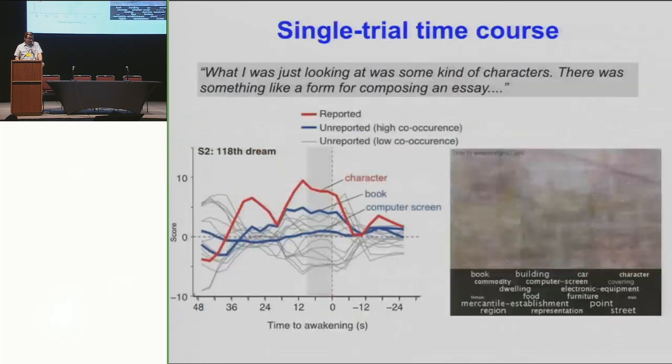We can also look at the time course of the score, and we have the scores for 20 categories. And this is the time when the subject was awakened. The previous slide was from this time window, and we can shift this. For this particular example, the subject reported a dream about the character. Consistent with this, the score for the character became high towards the time of awakening.